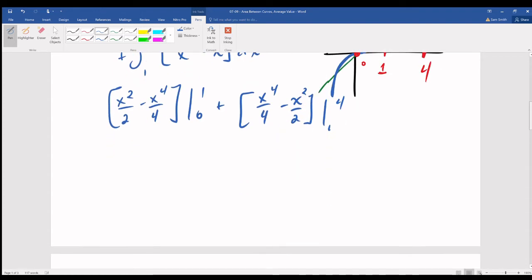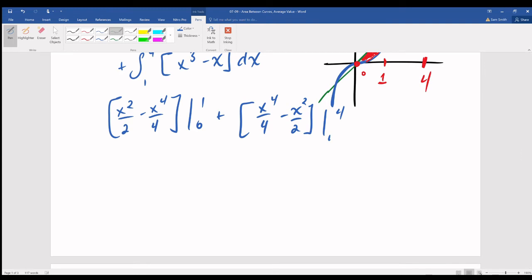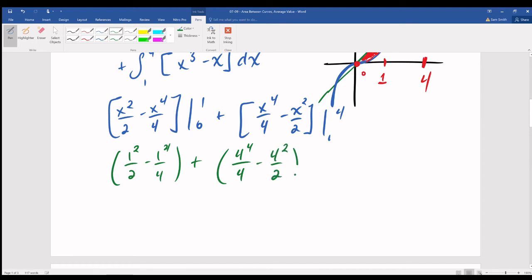So, plugging in these numbers and taking the difference will give us the final answer for this question. Here, x equals 1 gets plugged in, 1 to the 4th over 4. If I plug in x equals 0, both of these terms will vanish, so I don't have to worry about that. Plug in x equals 4, and then subtract what I get when I plug in x equals 1: 1 to the 4th power over 4, 1 to the 2nd power over 2.